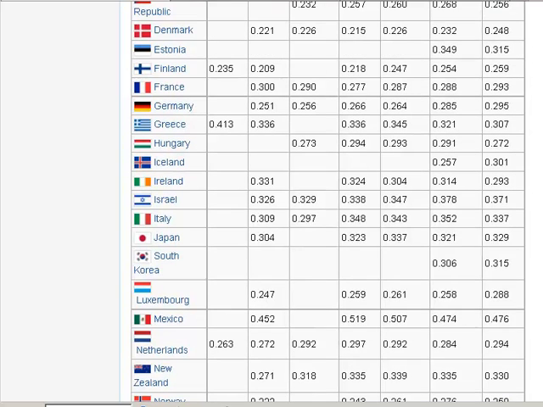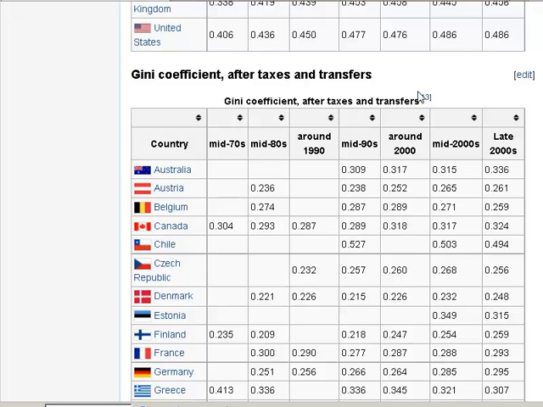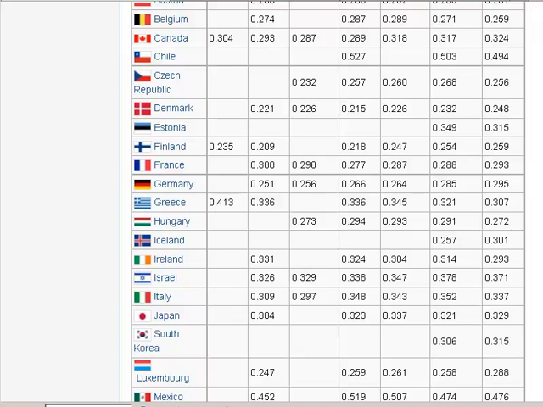So Ireland's direction has been towards greater equality. The point here is that this is after taxes and transfers. What they did in Ireland was they increased more and more the level at which you don't pay any taxes, and that helps the bottom 10%, bottom 20%, or the less well off.